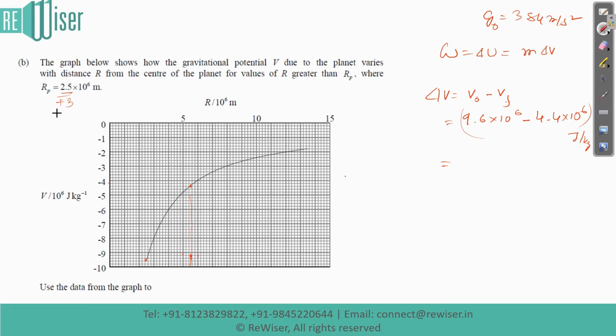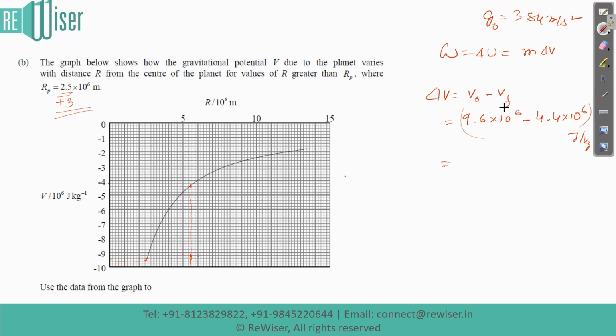Why did we add this plus 3? Because they're particularly asking 3 into 10 to the power 6 meters above the surface. So 2.5 from core to surface, and you have to add 3 more to get the final distance from the core, which is 5.5 into 10 to the power 6 meters.